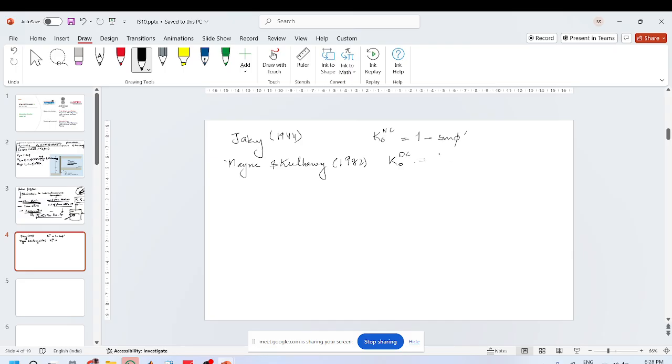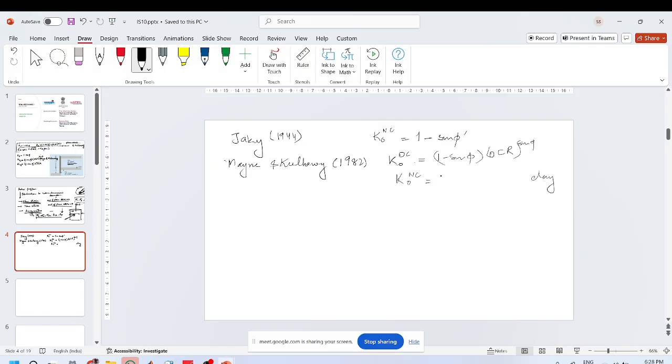K naught NC is different, given by Mayne. For clay it's different.